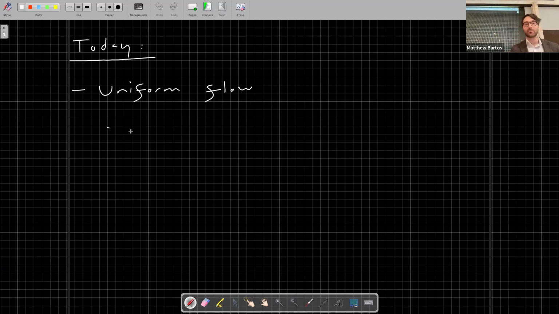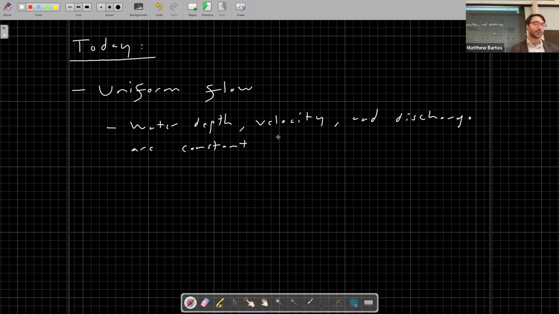So the water depth, velocity, and discharge are constant throughout the length of the channel, at any given time.